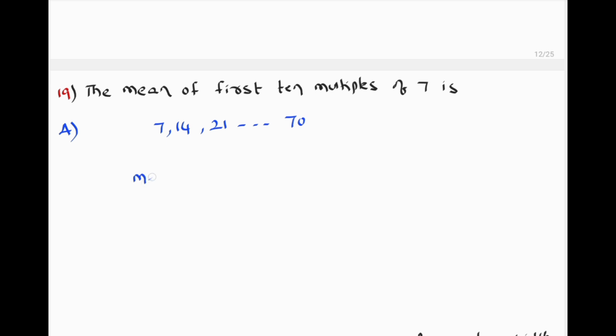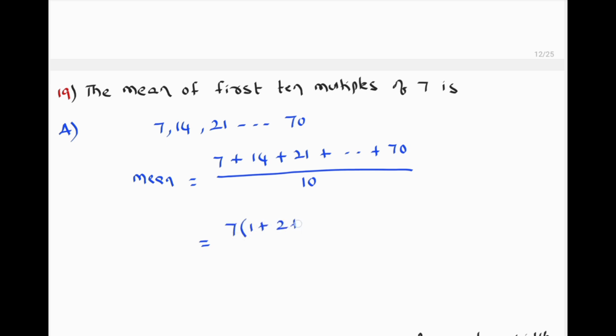So the mean will be the sum of the observations, 7 plus 14 plus 21 and so on up to 70, those 10 multiples, whole by the number of observations, 10. From here we can take 7 common, so we get 1 plus 2 plus 3 and so on up to 10.